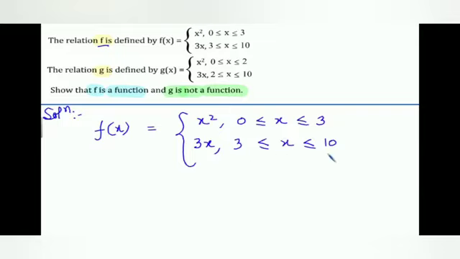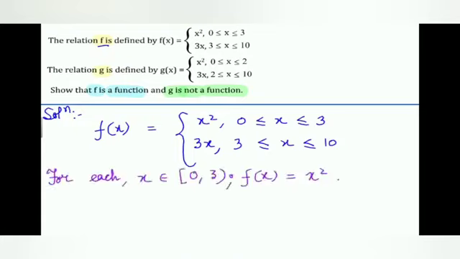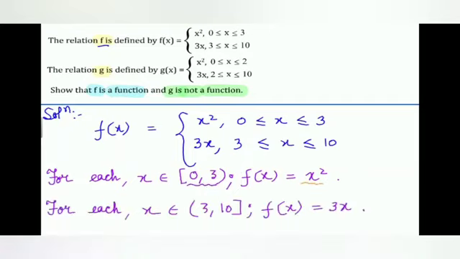Here f of x is equal to x square, where 0 less than or equal to x less than or equal to 3, and f of x is equal to 3x, where x is between 3 to 10. So for each x belonging to 0 to 3, f of x is equal to x square, and for each x belonging to 3 to 10, f of x is equal to 3x.